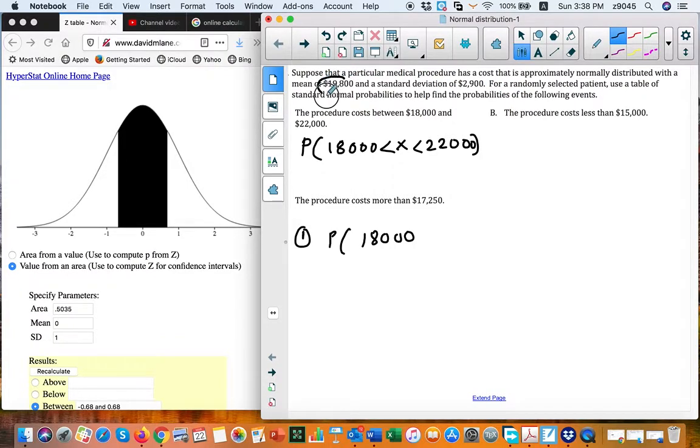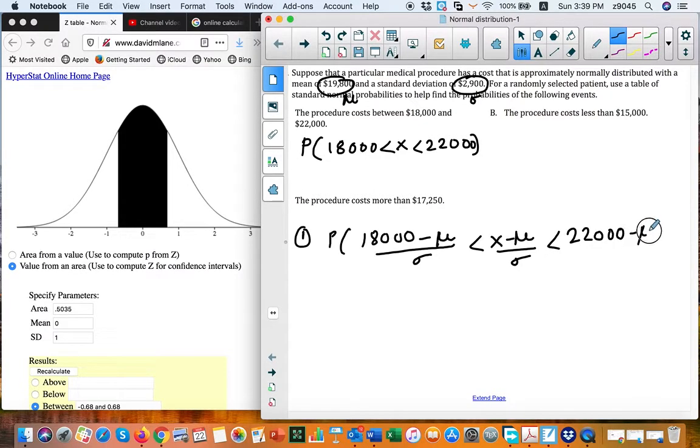This is given as the mean for the data and this is given as the standard deviation, and these are the values of x. So I'm going to subtract mu and divide by sigma here, and do the same thing on the middle value and on the value at the extreme right.